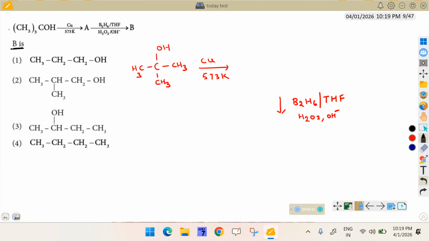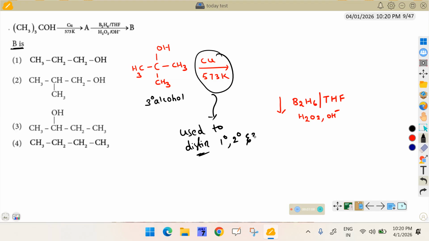Identify B in this reaction. Given 3 degree alcohol, we know that copper at 573 kelvin is used to distinguish 1 degree, 2 degree and 3 degree alcohols. 3 degree alcohols are converted to alkenes. In case of 3 degree alcohols, the dehydration process takes place and it is converted to alkene. Now it reacts with B2H6, THF.